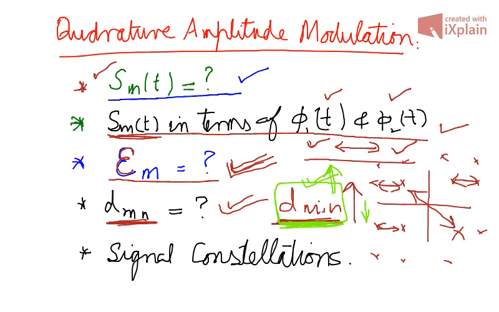So this is important. We will see the expression for Euclidean distance, and finally the signal constellations will be shown for quadrature amplitude modulation. Specifically, we will see the circular constellation and the square constellation. So these two constellations we will observe.